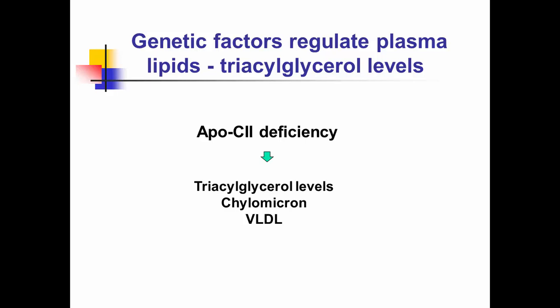Because you cannot efficiently hydrolyze triglyceride in VLDL and chylomicron, the triglyceride inside the chylomicron and VLDL cannot be removed, so the chylomicron and VLDL just remain in the circulation. So again, ApoC2 deficiency causes increased triglyceride levels, and increased chylomicron and VLDL levels in the plasma, in the circulation.